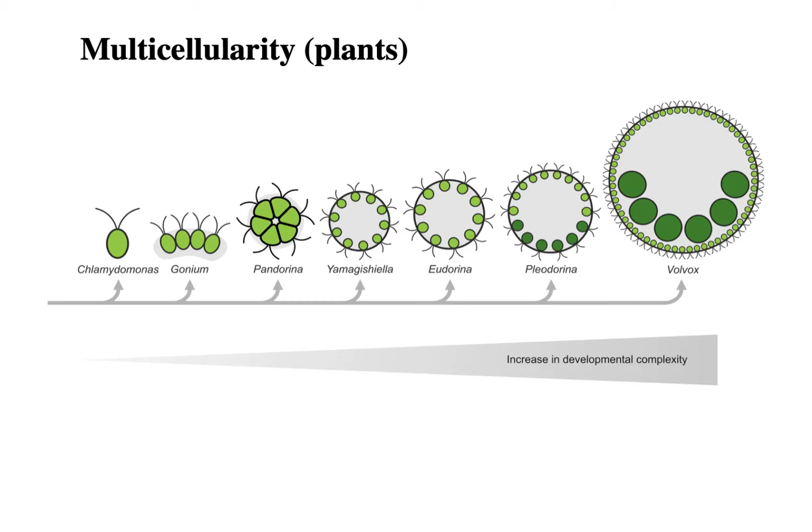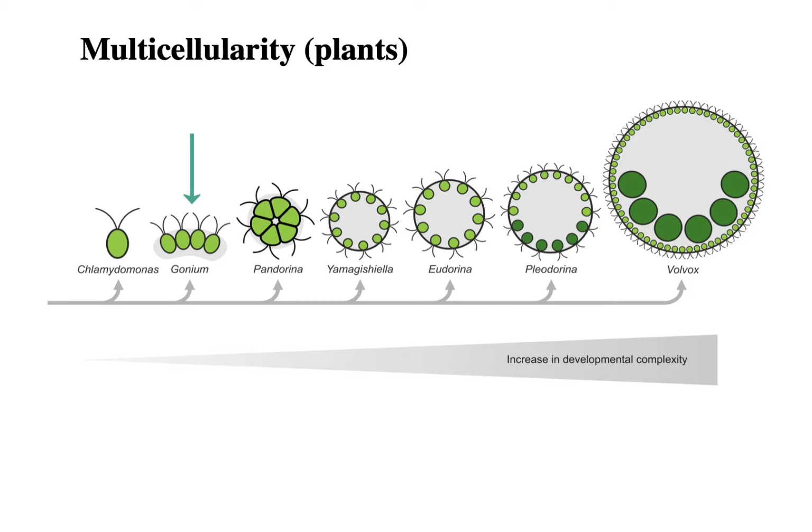So this is just looking at the evolution of multicellularity in plants, starting with Chlamydomonas, which has just single unicellular cells that get together to form a zygote, but in general they are unicellular for most of their life cycle.